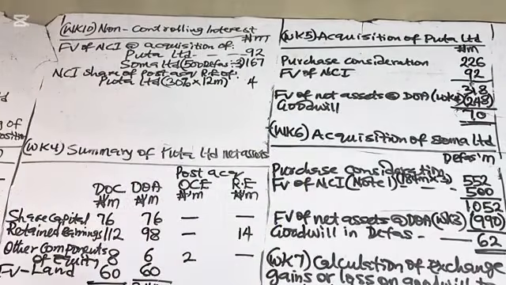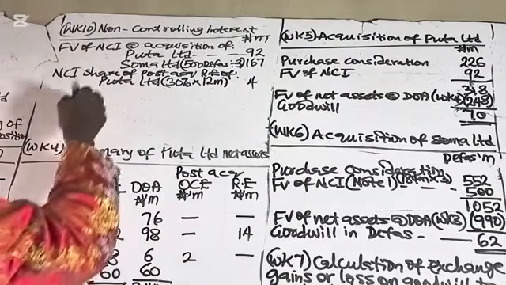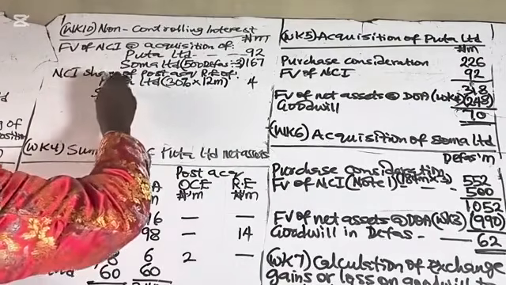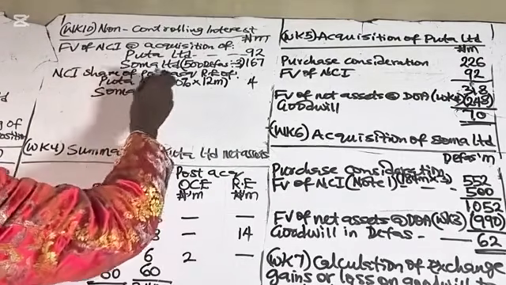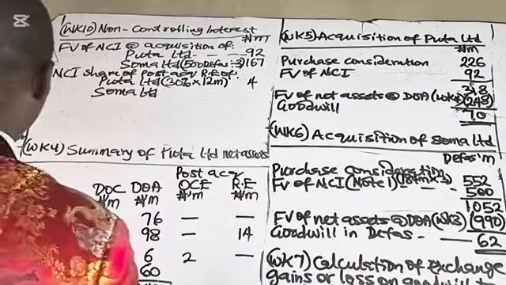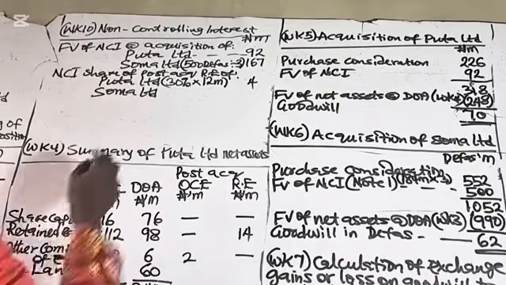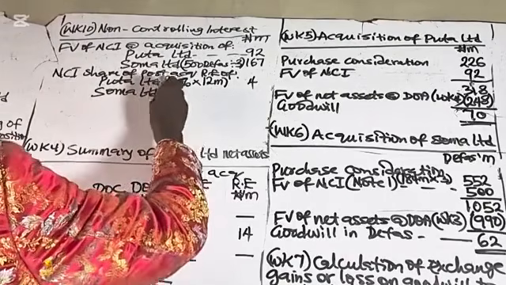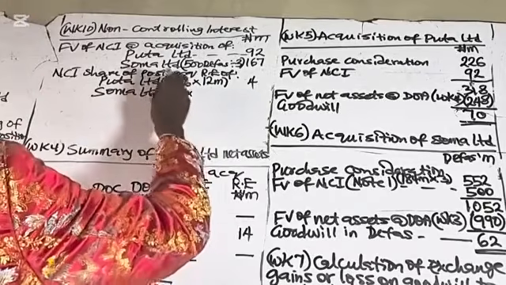Then the post-acquisition retained earnings of Soma Limited. Since Rapuya acquired 52% of Soma, therefore 48% will be attributable to NCI.